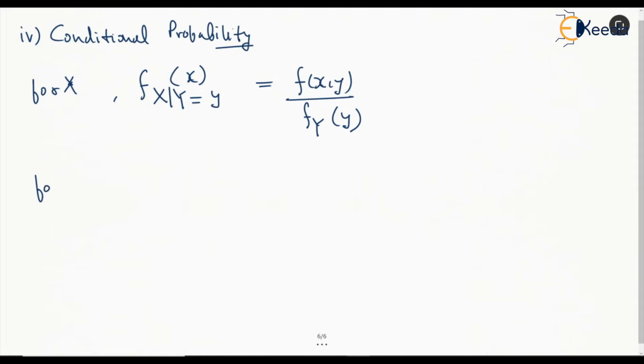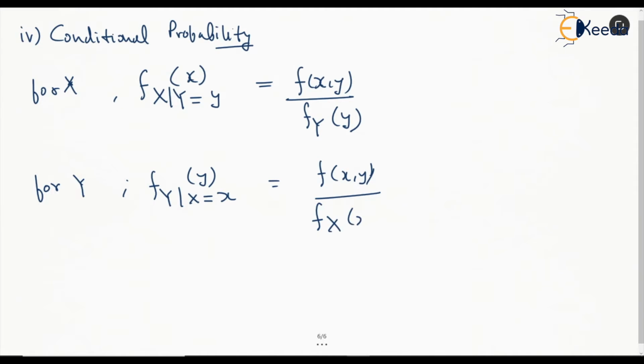And similarly for y given x equal to small x, it will be f of x comma y divided by the marginal probability of x for x being small x, right?